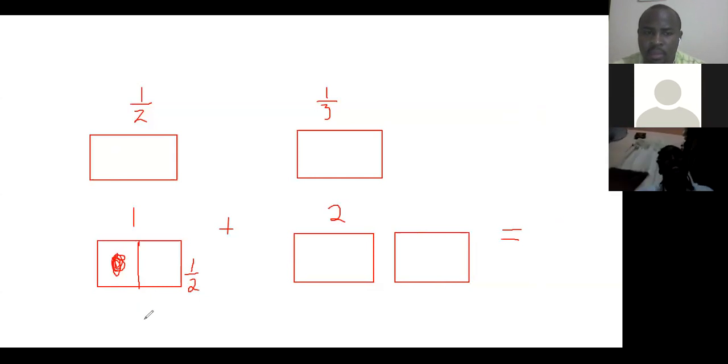Obviously the half takes up half of it, so it's going to be a rectangle, and the 2 over here is going to be a rectangle, and the half over here is going to be a square. Okay, so you're saying that this is a square now. Yes, sir. Okay, so they're not the same type of things.